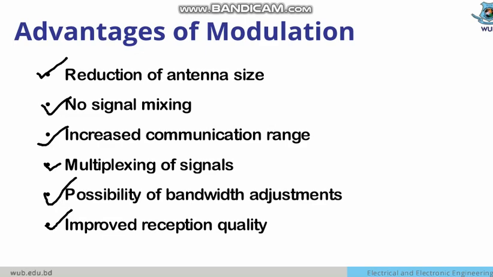When the frequency is higher, the antenna size is lower, but it will not cover most of the area. So modulation gives the optimum size of the antenna to carry the signal. You can adjust the bandwidth, and the reception quality also improves.